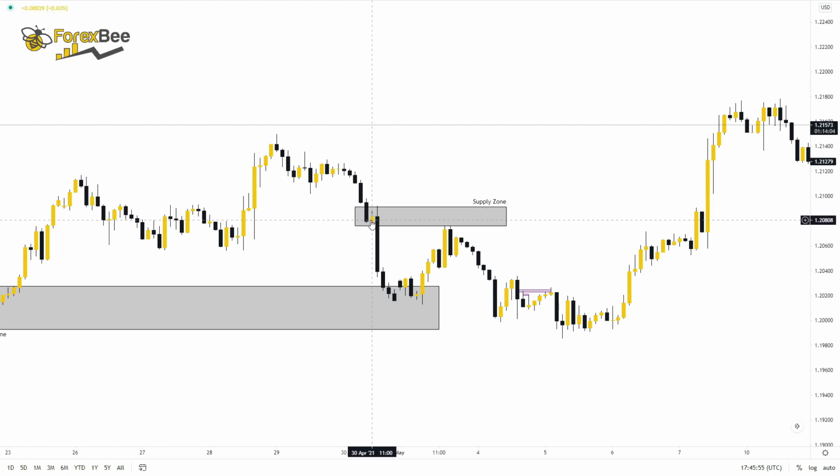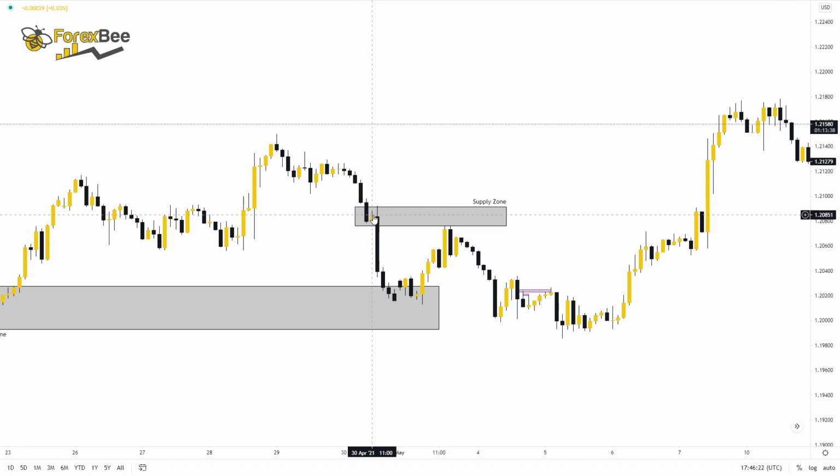It doesn't matter whether the base candle is bullish or bearish, but the body to wick ratio needs to be less than 50%, with two big candles sandwiching this base candle. So this is a supply zone, and a very strong supply zone for our 2-hour time frame which we are working on.